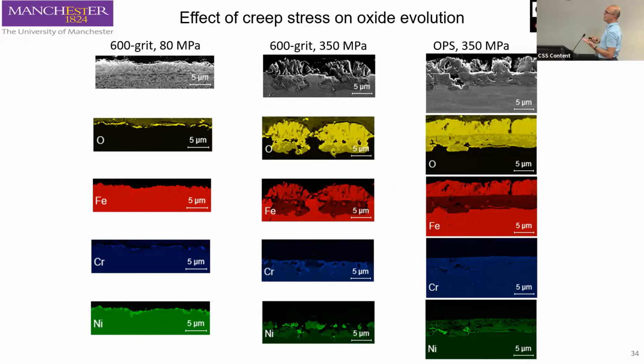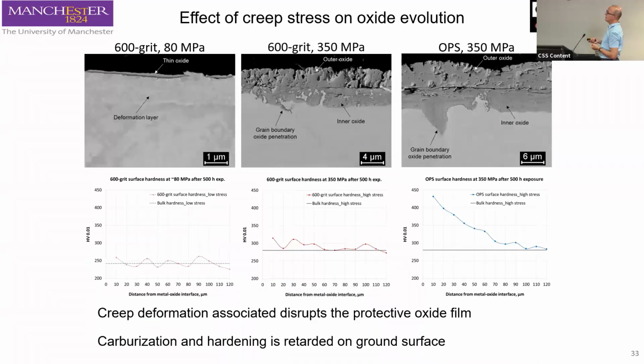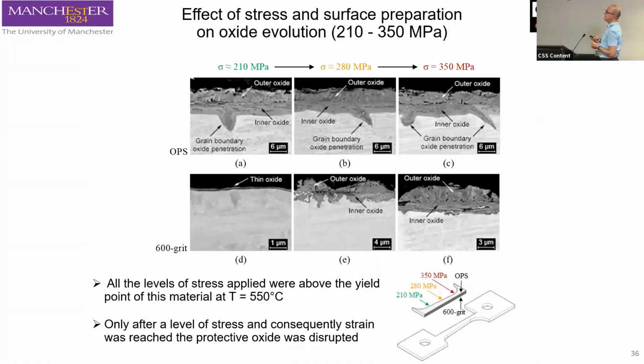Broadly speaking, they were very similar, so we couldn't understand why there is an effect of stress on the carburization behavior that we have shown in these two schematics. So we wanted to further understand the effect of stress.